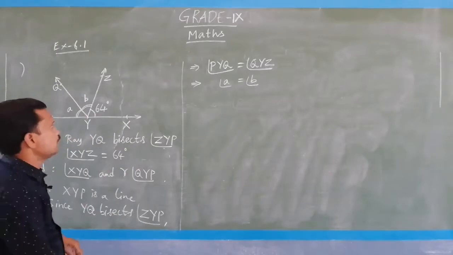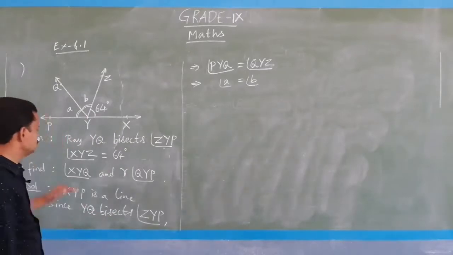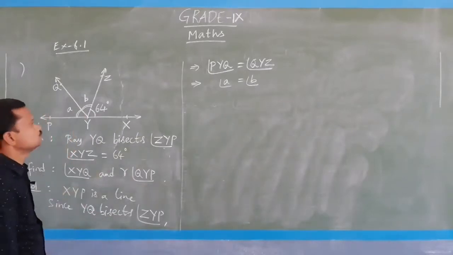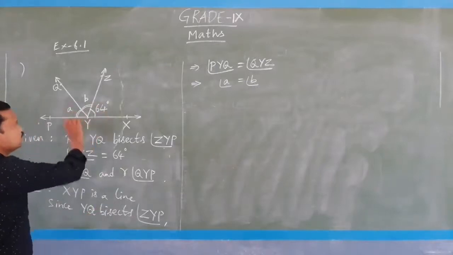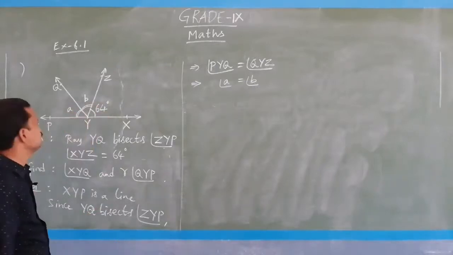And now XYP is a line. Therefore, all these three angles sum up to 180 degree because of straight angle.